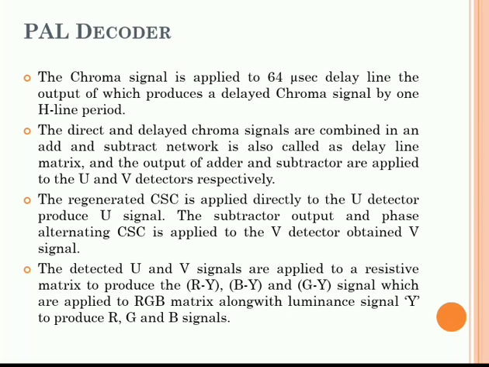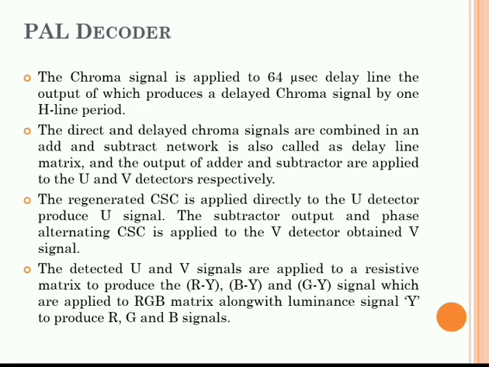The Y signal is given to the Y amplifier with some delay line, and the chroma signal is provided to the 64 microsecond delay line. The original chroma signal and the delayed signal are passed through the adder and subtractor block. The output of the adder and subtractor is given to different modulators, the U modulator and V modulator.